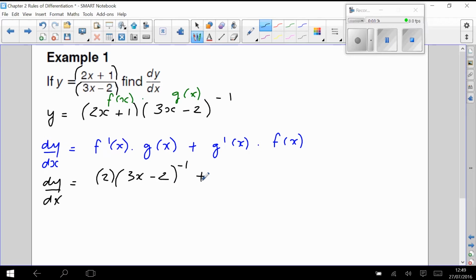Notice that g of x is a composite function, and so I have to find the derivative first of the outer function, which gives me minus (3x minus 2) to the minus 1 minus another 1, which makes it minus 2. Still, finding the derivative of the inner function, the derivative of 3x minus 2 is 3, and then lastly timesing that by f of x, which is 2x plus 1.